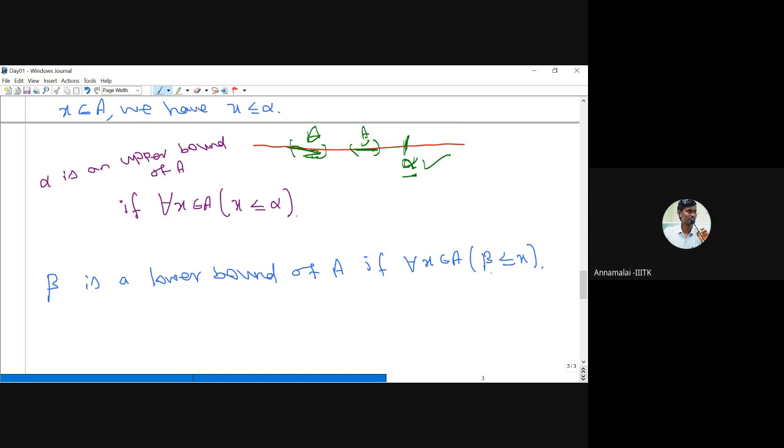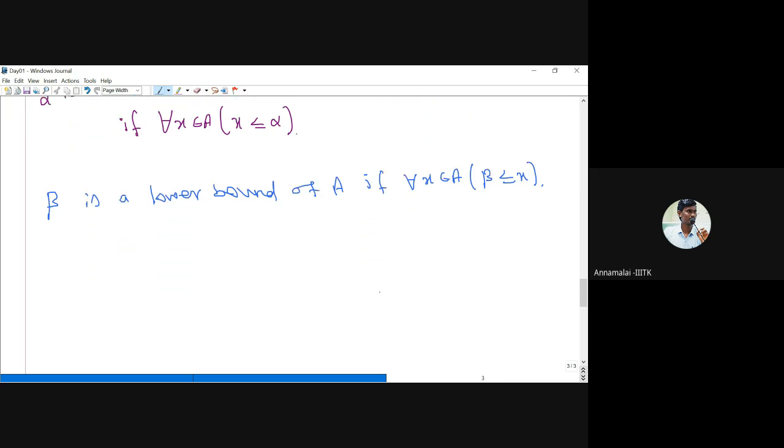Then this beta is called a lower bound of the set A. This lower bound beta may not be a member of the set. Similarly, the upper bound alpha may not be a member of A. Now, when we say a set is bounded, it has both an upper bound and a lower bound.